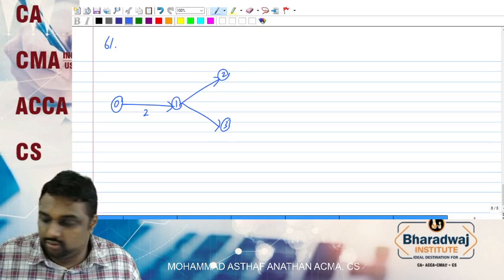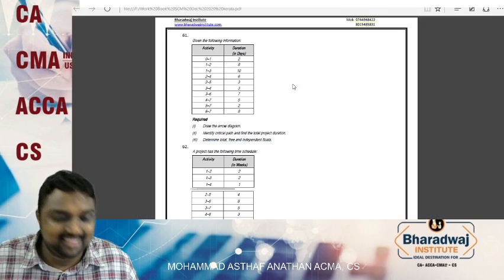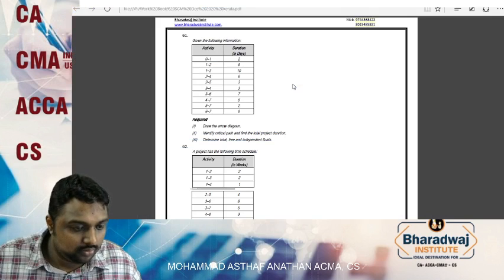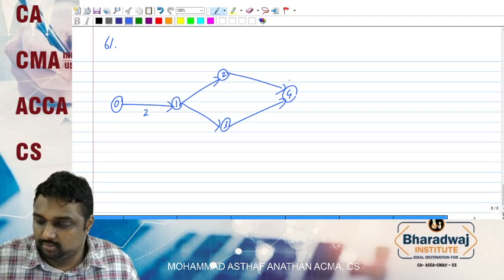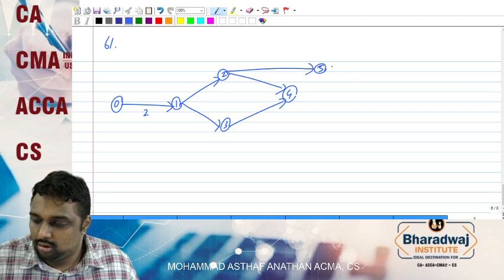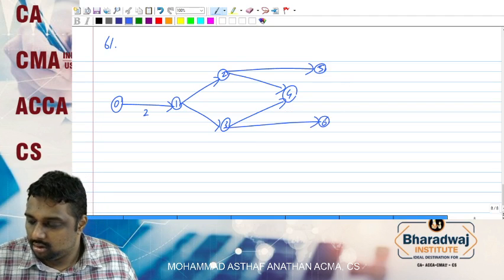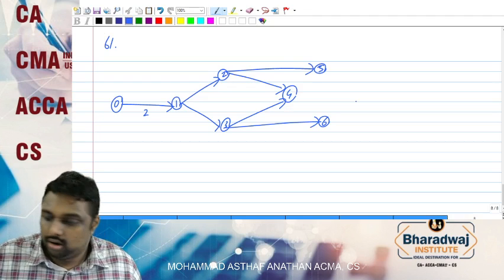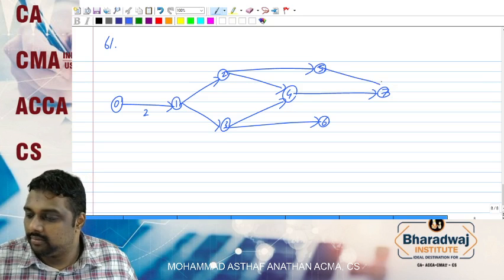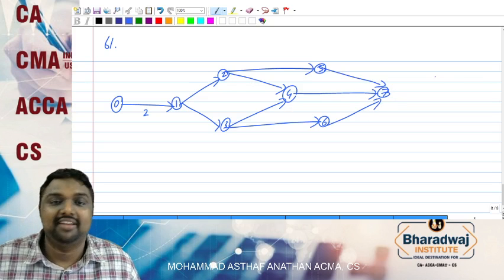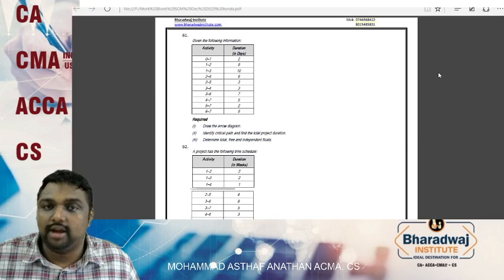Then 2 to 4, 3 to 4. 2 to 4, 3 to 4. 1 to 3, 2 to 5 also. 2 to 5, 3 to 6, 4 to 7, 5 to 7, 6 to 7. We have drawn. Okay. Draw the arrow diagram, we have drawn.